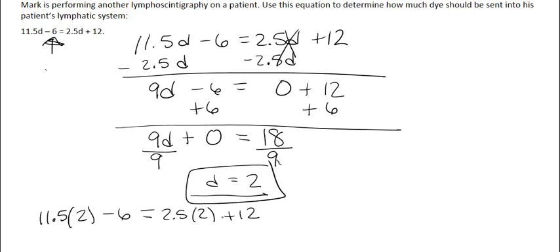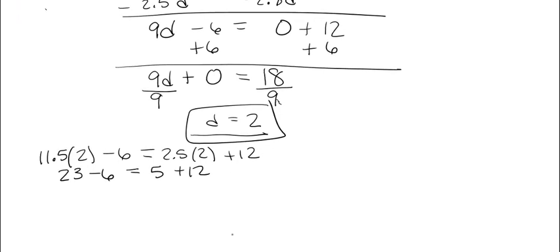So 11.5 times 2 is equal to 23 minus 6 is equal to 2.5 times 2 is 5 plus 12. And this 23 minus 6 is 17, which is equal to 5 plus 12, which is also 17. So we can see that this is the correct solution of d equals 2 for this expression.